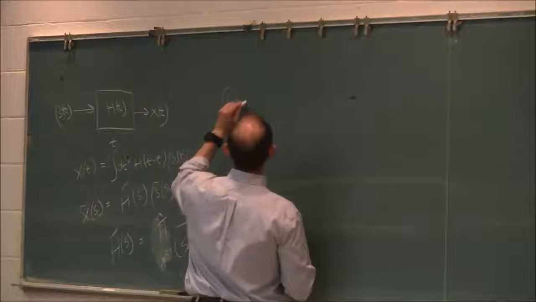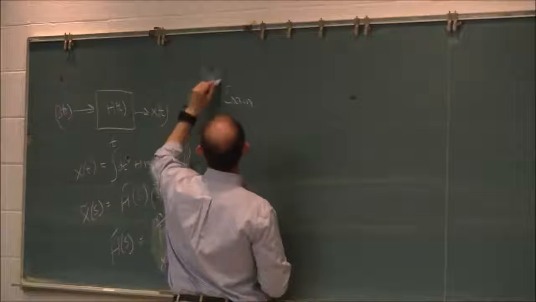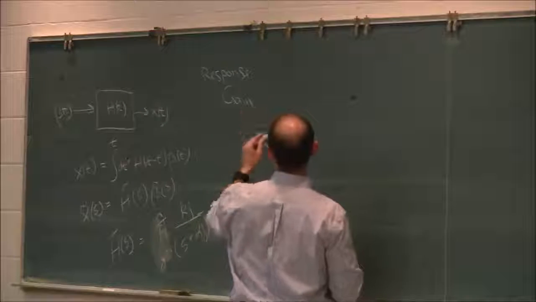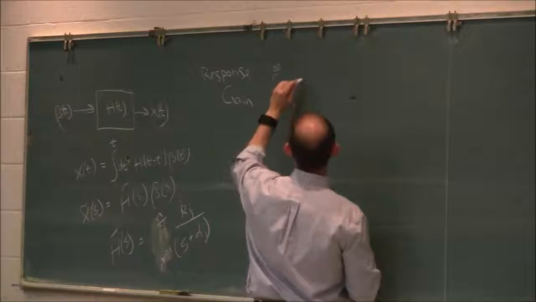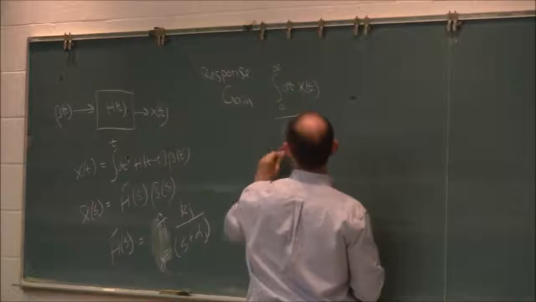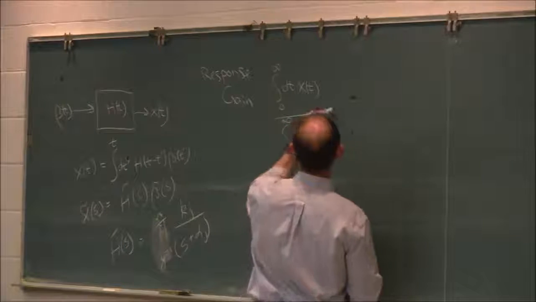So we defined the gain, and all of this will be for the response function. The gain is defined as the integral from 0 to infinity dt of x of t, divided by the integral from 0 to infinity dt of beta of t.